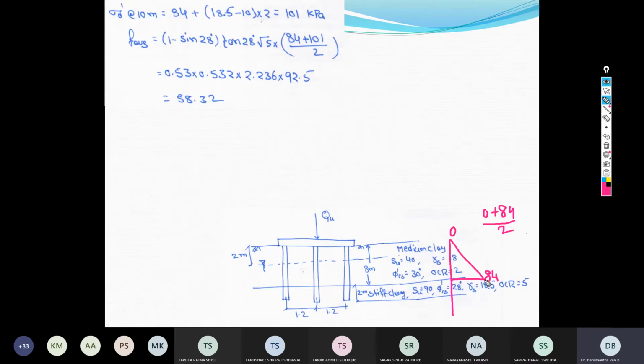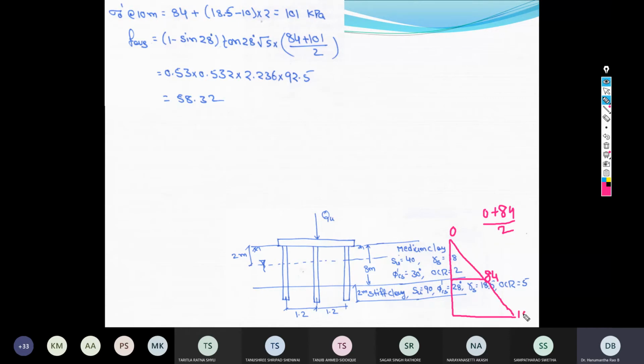Already we have calculated up to 8 meter, that is 84. And at a depth of 10 meter, the density for the second layer is 18.5. You know that the second layer is below the groundwater table, so it is 18.5 minus 10 into the layer thickness of 2 meter.